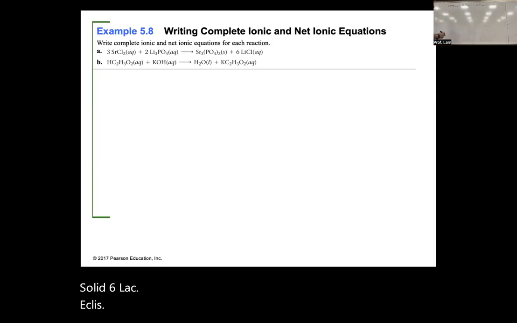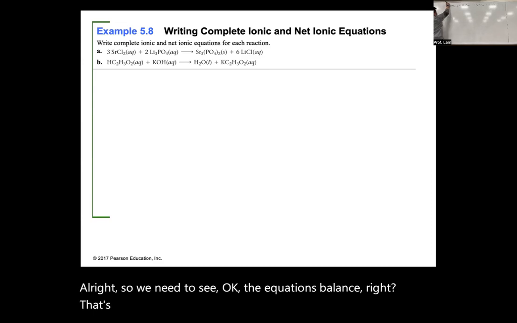All right, so we see the equation is balanced. That's good. And this we call the molecular equation.